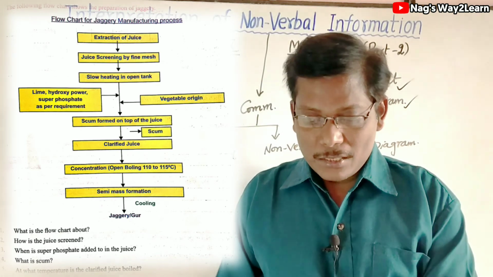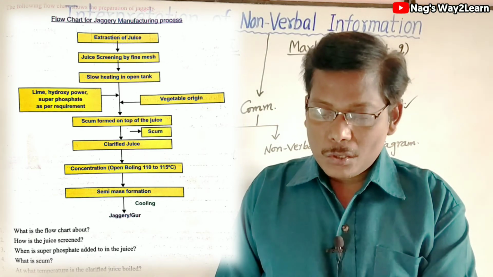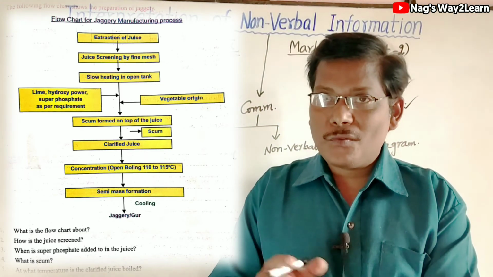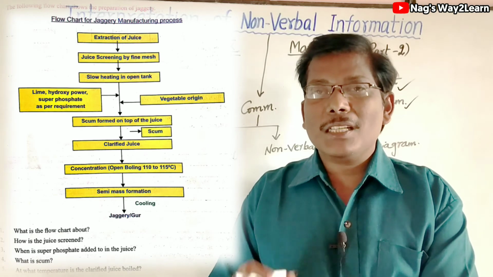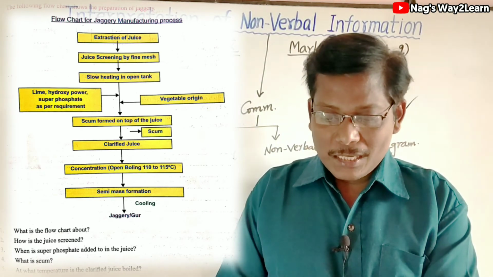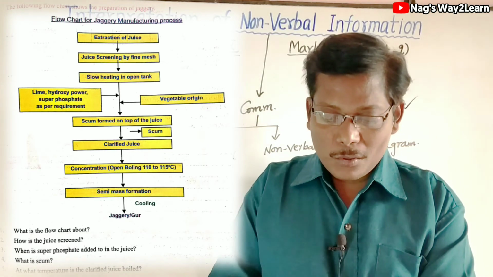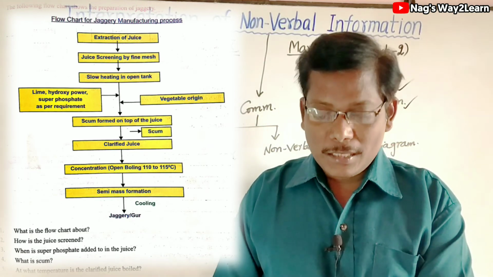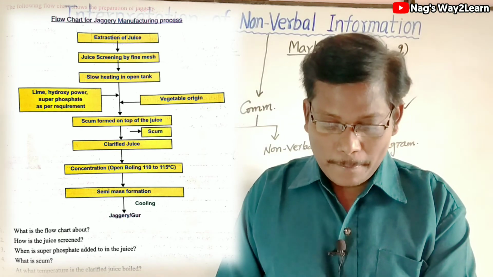Okay. So next, scum formed on top of the juice. Scum is nothing but some impure substance or some waste material. So this scum is taken away. Because the arrow mark is shown outside, that means the scum is taken away.